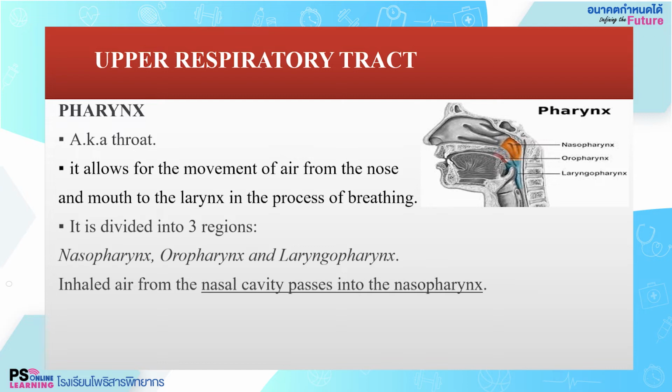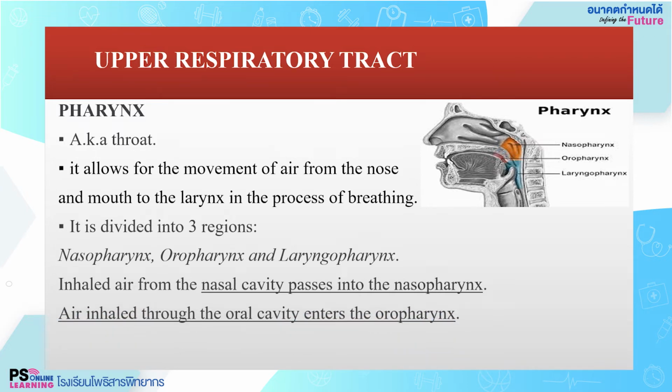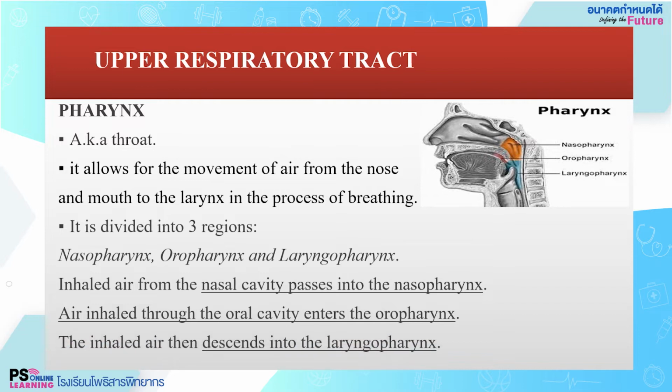The air inhaled through the oral cavity enters the oropharynx, and then the inhaled air descends into the laryngopharynx, where it is diverted into the opening of the larynx by the epiglottis. So that's the movement of the air into the pharynx.